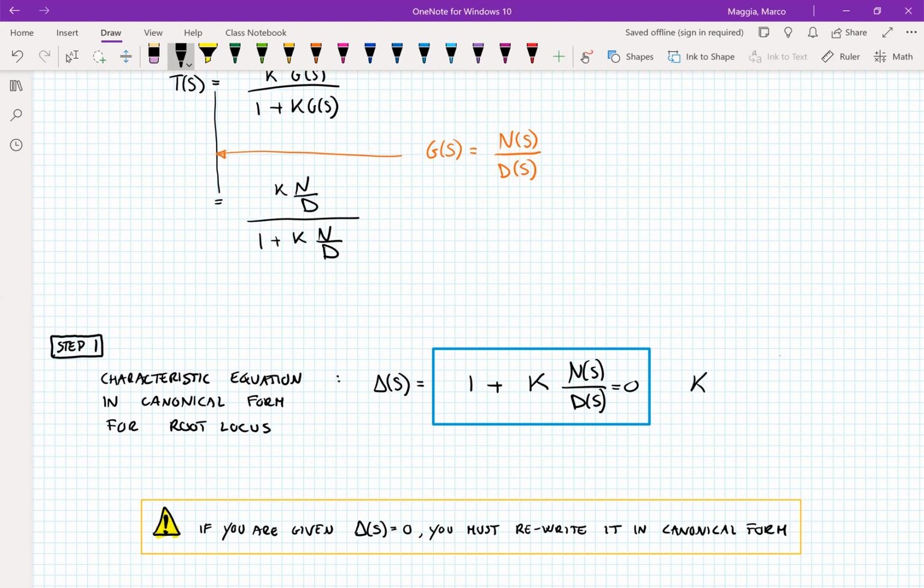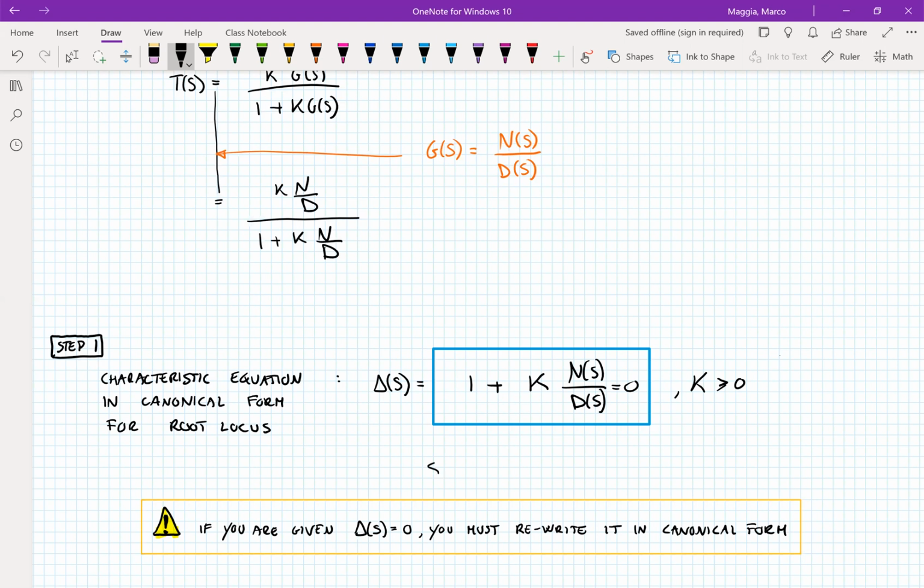And here we have our parameter K that is greater or equal to 0. Sometimes you might not have the characteristic equation in this form. Let me give you an example.